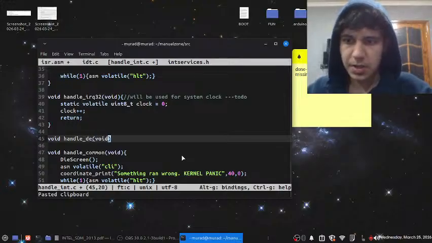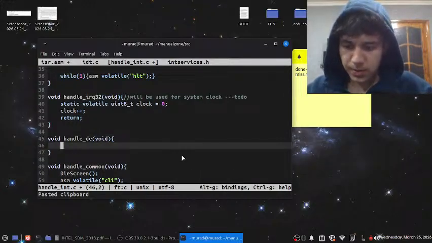Handle DE void. Let's make the kernel die.